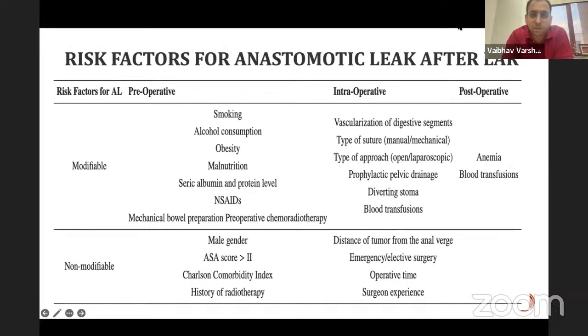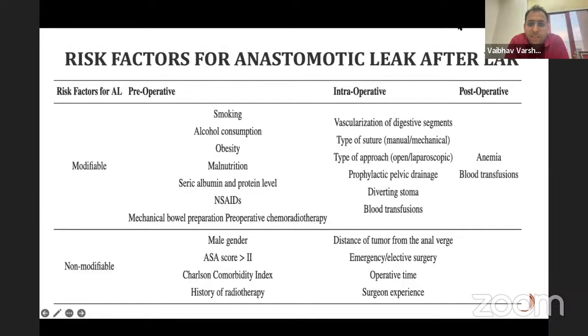If the patient is a chronic smoker or alcoholic, there is a risk of anastomotic leakage, so we need to advise these patients to stop before surgery. Then obesity and malnourishment: if the patient has low BMI, low hemoglobin, or low albumin, the patient is at risk of anastomotic leakage. Preoperative chemoradiotherapy is again a risk factor.